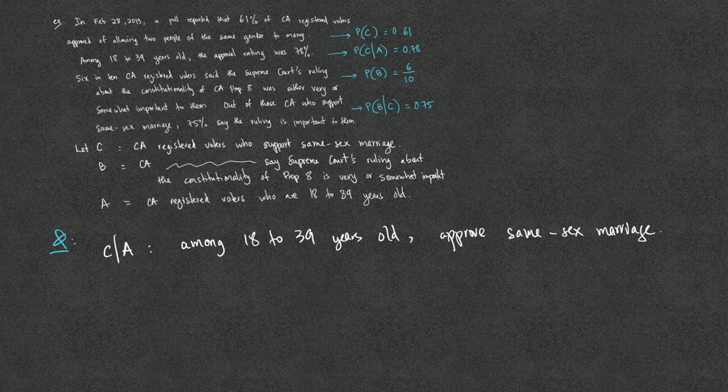Similarly, B given C, again, the given event, or the if, or out of, is the event C, which represents the percentage of those who support same-sex marriage. So out of those who support same-sex marriage, the event B, meaning the percentage of those who say that the ruling is very or somewhat important to them.